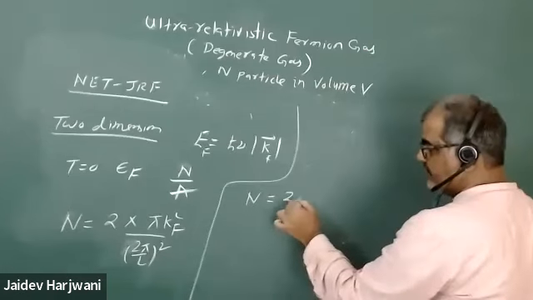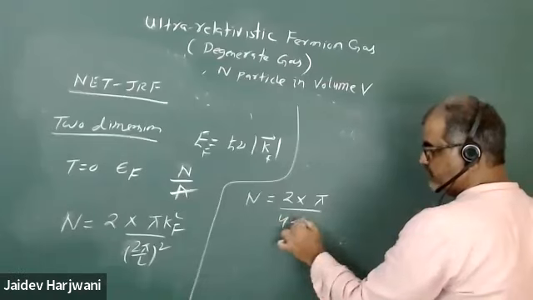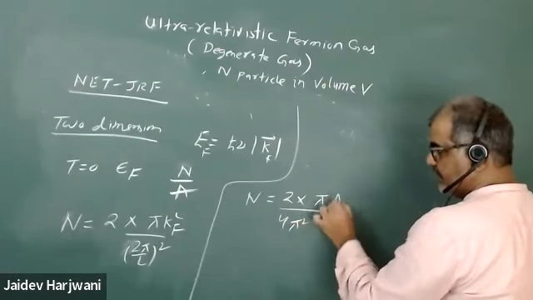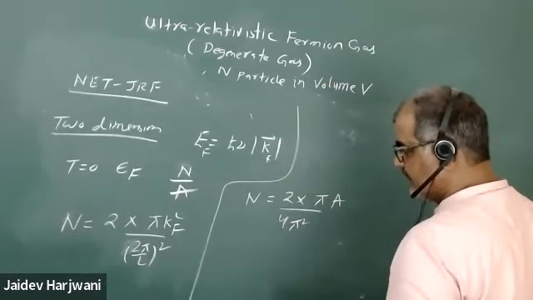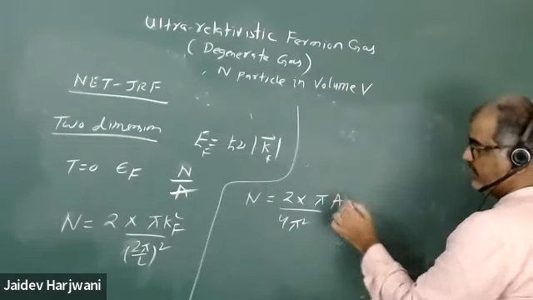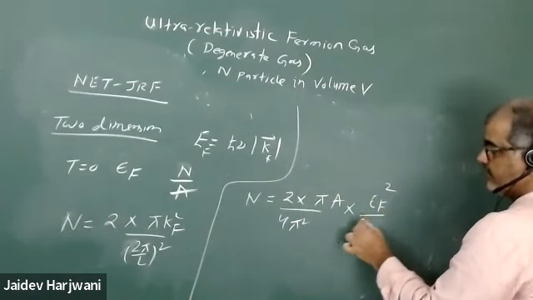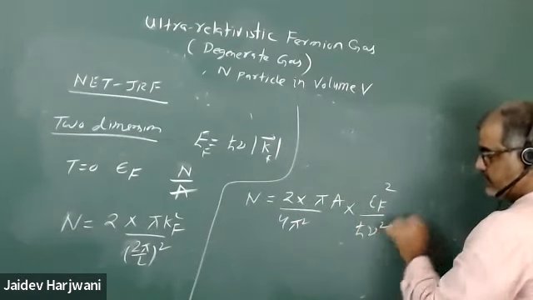So I have N, I have pi, I have 4 pi square, I have area A, and then I have kF square, and kF square I can write as EF square upon h cut nu square.